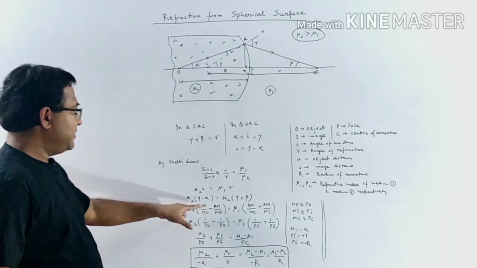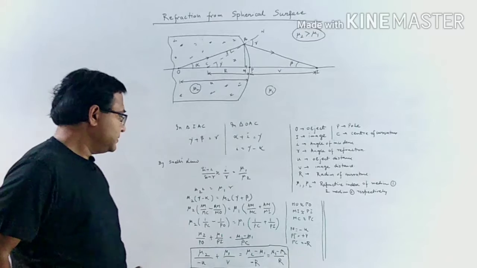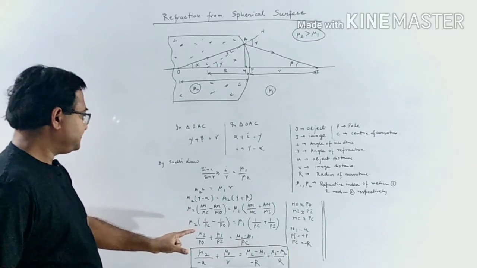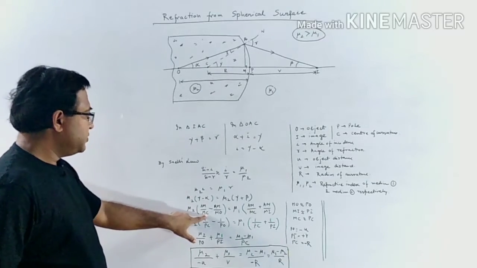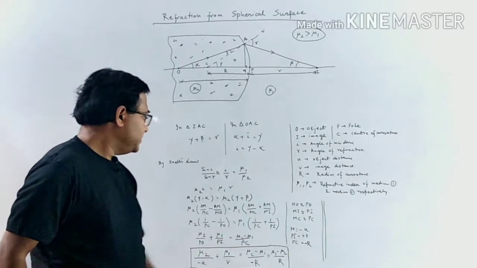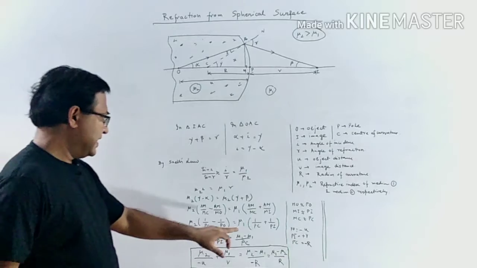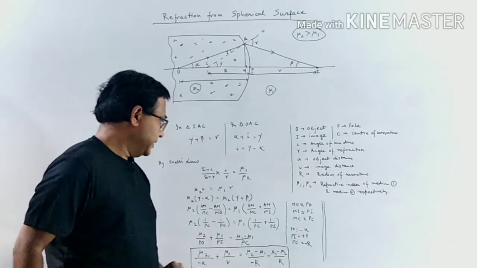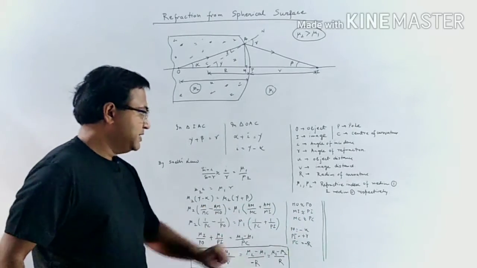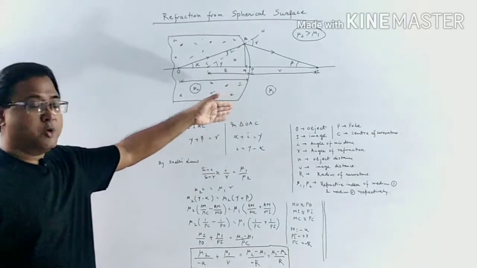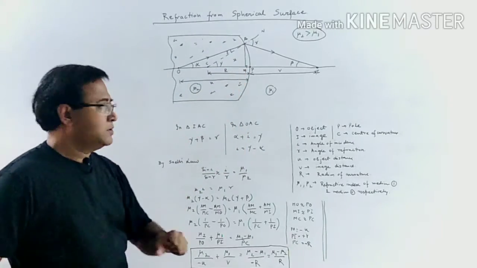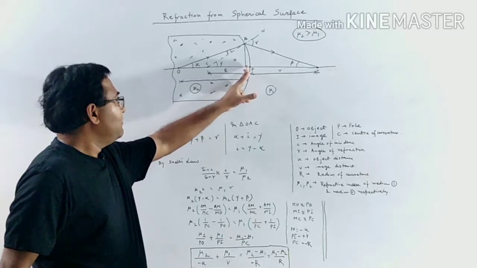Here you see AM cancels from both sides. Now MC we can replace by PC, MO by PO, and MI by PI, because the curvatures are small and MP is very small, so we can replace M with P.